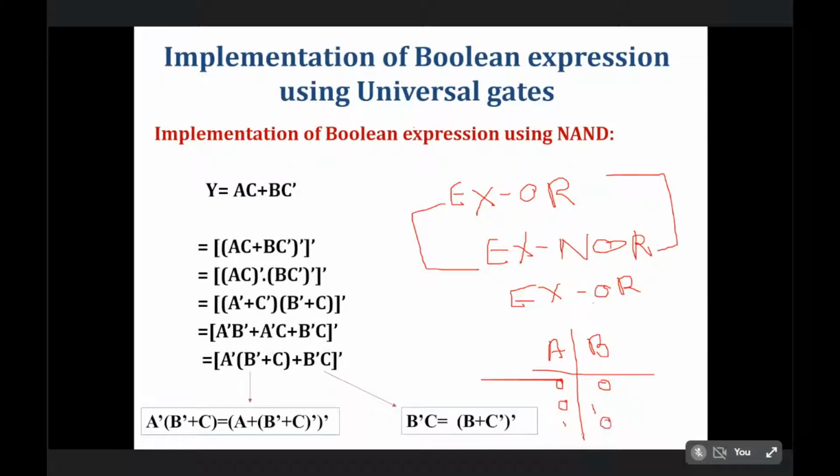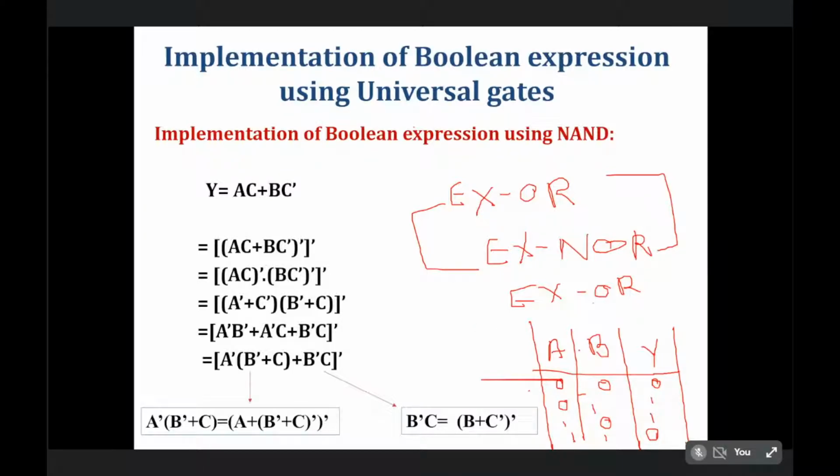The exclusive OR output will be 0, 1, 1, 0, because the principle says it will be high when the inputs are different and low when the inputs are the same.